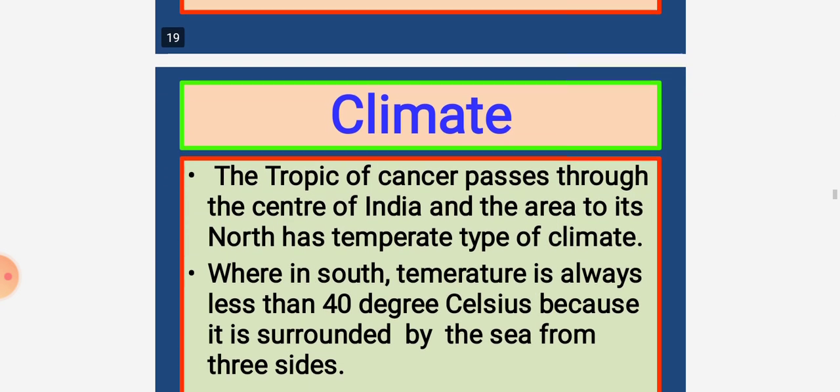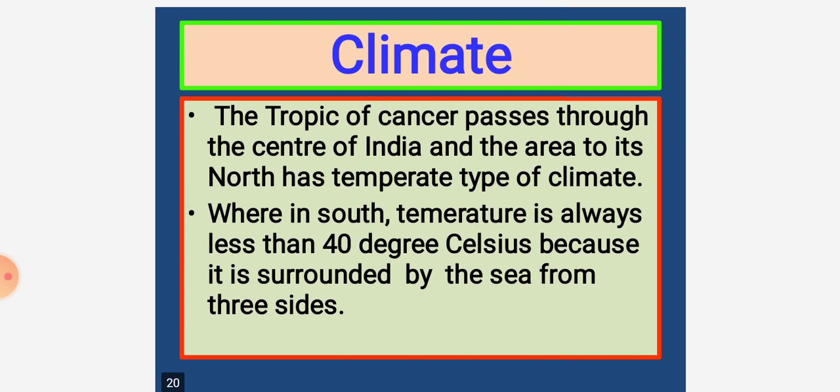Next one, climate. Dear students, as you all know, the Tropic of Cancer passes through the center of India. In our previous lecture, I showed you the map, and we also talked about the states through which the Tropic of Cancer passes. The area to its north has temperate type of climate.